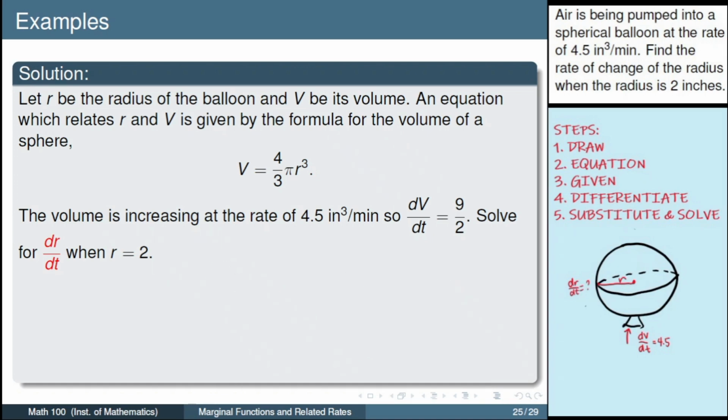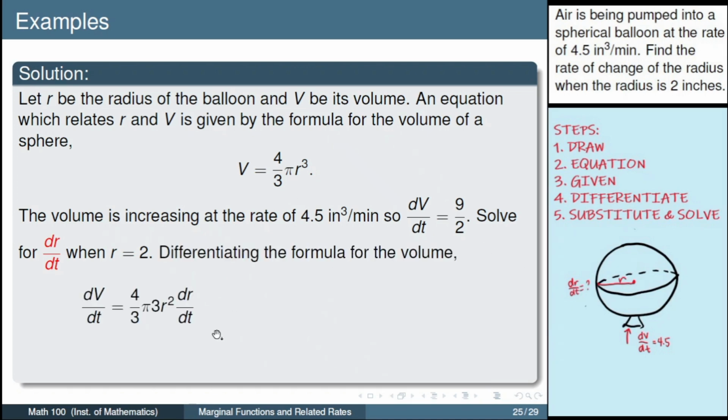Okay? Next step would be to differentiate. Okay? Differentiating this equation, we'll get this dV over dt, that's the derivative of V. So we copy 4/3 pi, that's just constant. The derivative of r cubed is 3r squared. And then we put dr over dt. Okay? And take note, we are solving for dr over dt, so we rearrange this formula in such a way that we have dr over dt equals something.